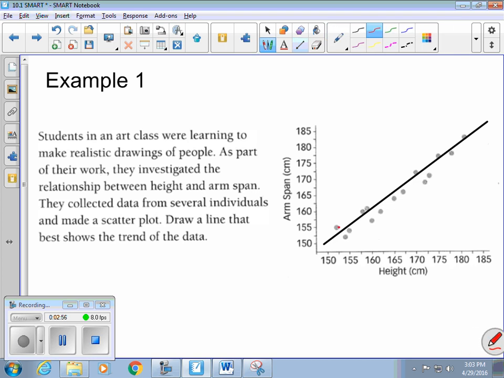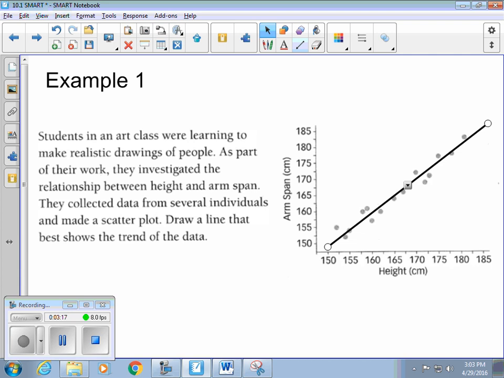On the top, I have 1, 2, 3, 4, 5, 6 different coordinates being represented, and on the bottom, I have 1, 2, 3, 4, 5, 6, 7, 8, 9. So it could be a little bit better. I could move that line down a little bit, but for the most part, that's a fairly decent representation of what all of the data points are doing. They're increasing as we move from left to right.